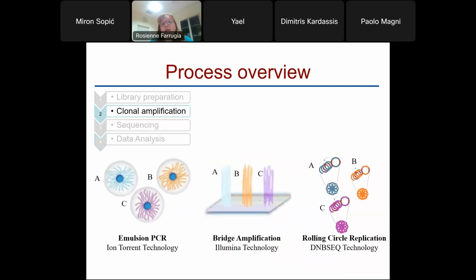So at the end of clonal amplification, for Ion Torrent, we have micelles with beads with this forest of fragments attached to them. For Illumina, we have clusters of DNA fragments, all exactly the same. And for the NB-seq and the rolling circle replication, we have nanoballs, and each nanoball contains multiple copies of the same DNA fragment. The next step then is sequencing.